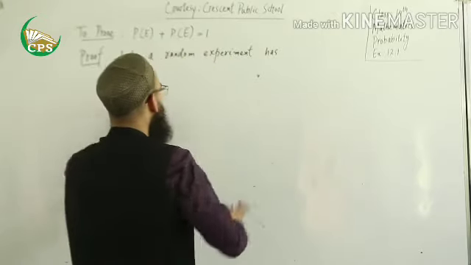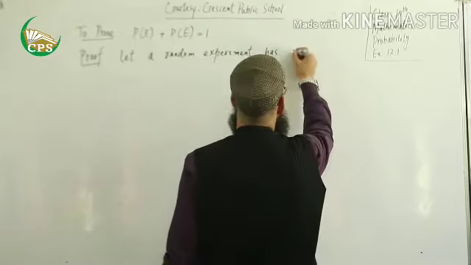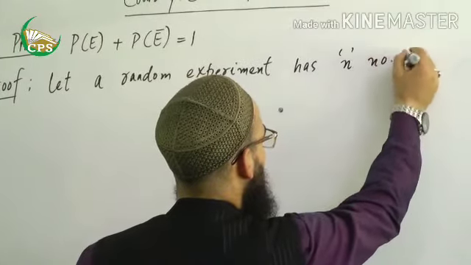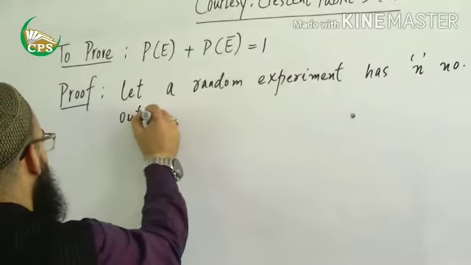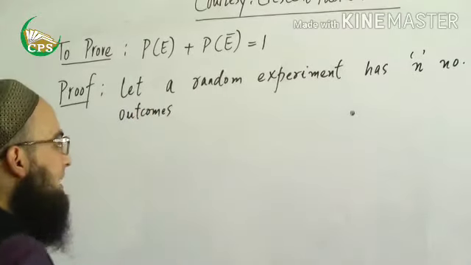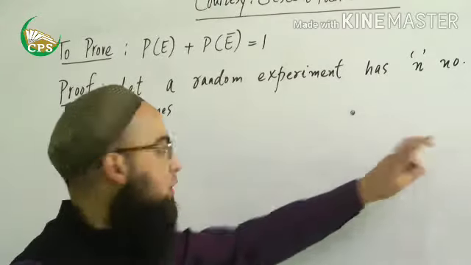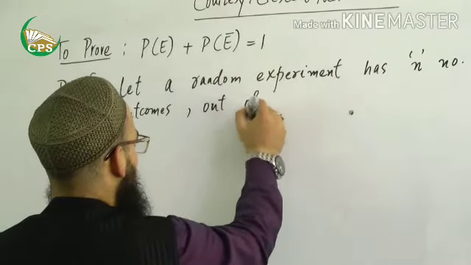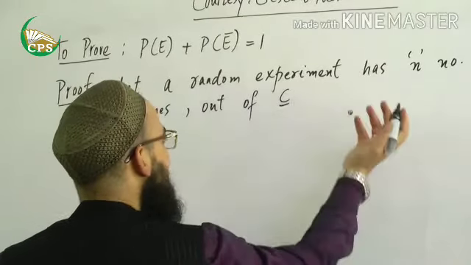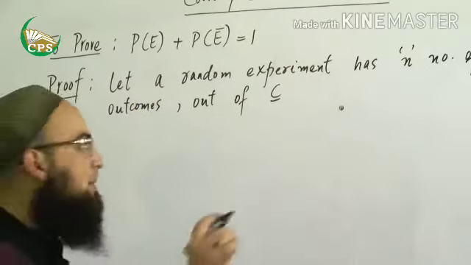So let a random experiment have n number of outcomes, out of which let us say m are favorable.